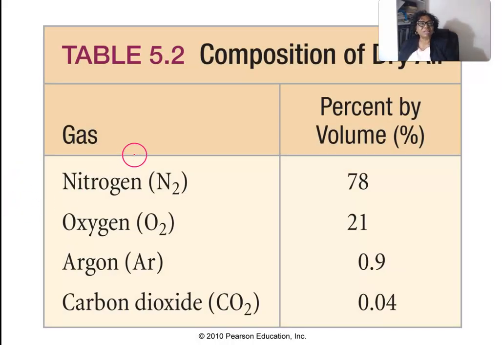So, for example, this is the composition of dry air. We have 78% nitrogen, 21% oxygen, 0.9% argon, then 0.04% carbon dioxide.